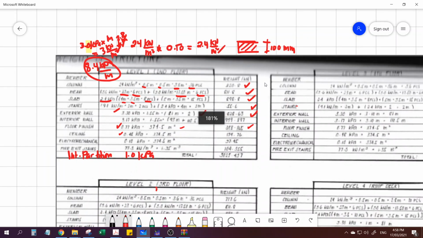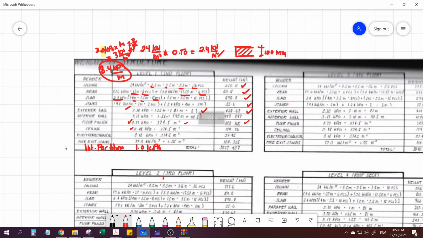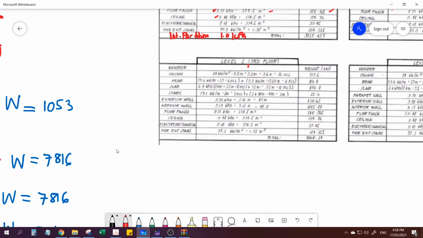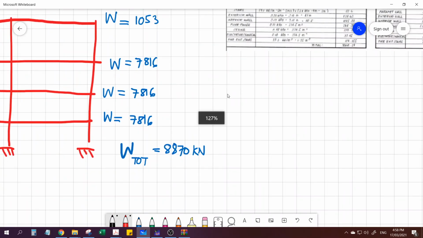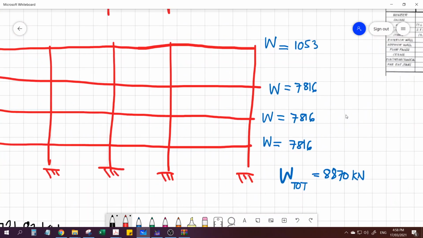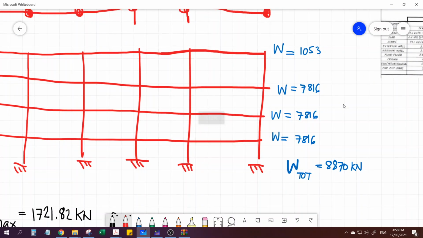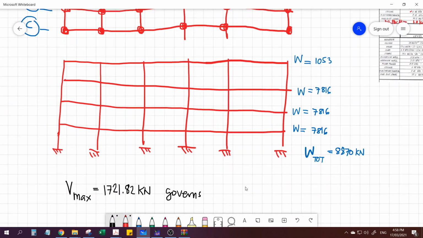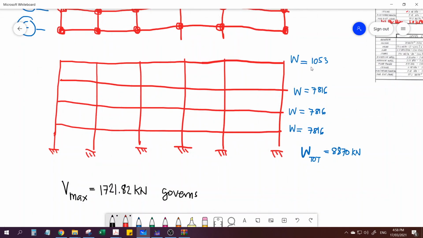Okay? So, now, once you now know the weight, so, ma-apply nyo na yung Bayesian formula. So, sa ating project, sa sample project ko dito, I got this, weight per floor, 1,053 sa roof, 7,816 sa fourth floor, third floor, and then second floor.